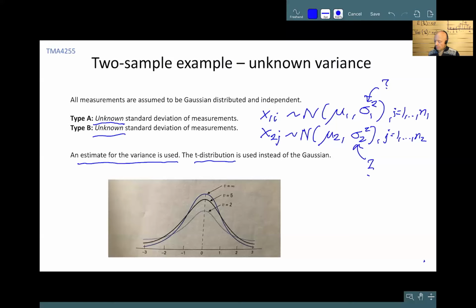So in this plot at the bottom, you see a display where you have the number of degrees of freedom in the t distribution. When this goes to infinity, that's when you have the Gaussian or normal distribution. And this Gaussian goes to 0 faster than these t distributions that have degrees of freedom 5 and 4. And the degrees of freedom here are related to the number of samples.